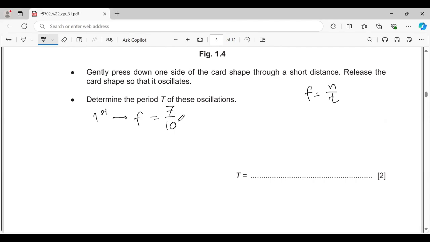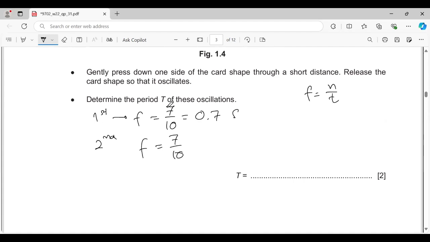So I got 7 oscillations in t seconds. And in the second, I got the same frequency, 7 over 10.